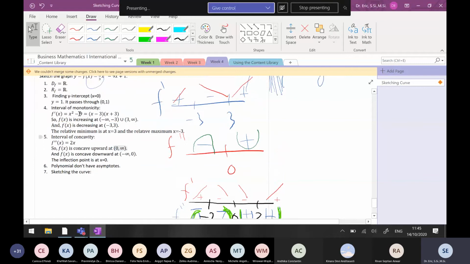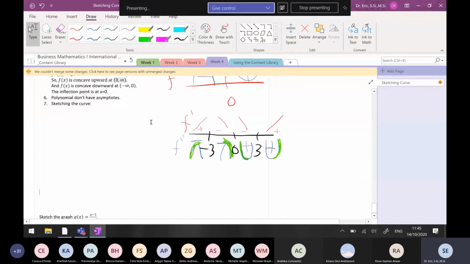It passes through (0, 1), so when x is 0, the height is 1. Maybe this is 3 and minus 3.